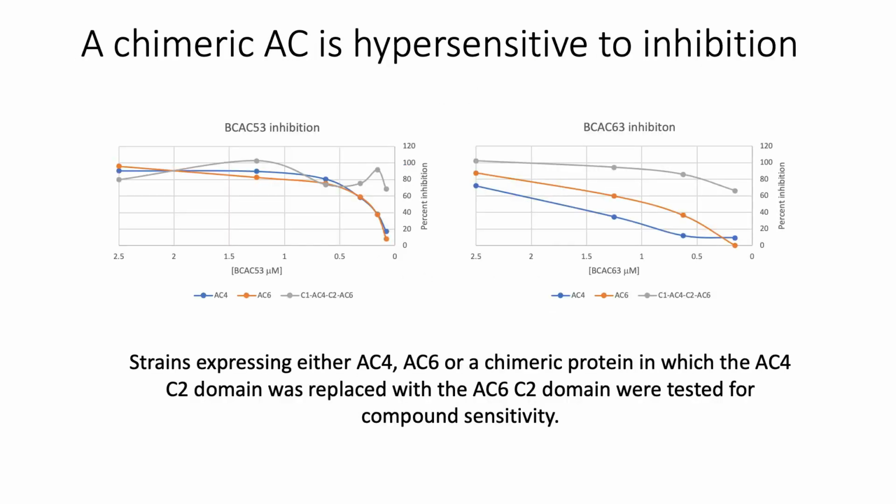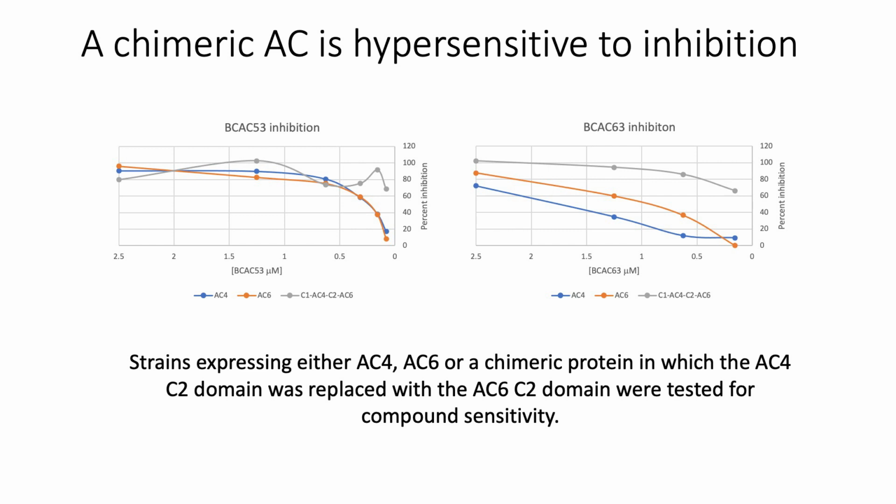So we do this dose response curve, because that's now how we're doing it, with a strain that expresses adenylyl cyclase 4 versus 6 versus the chimera. And what we saw was completely unexpected, that the chimera appears to be hypersensitive to inhibition by these compounds. So again, I was thinking, oh, it's going to mimic one or the other, not that we're going to see a completely new response.